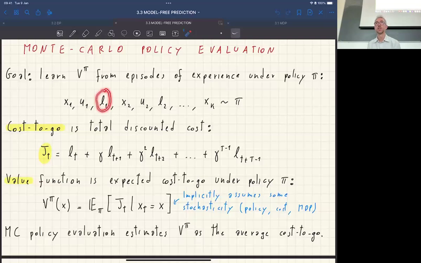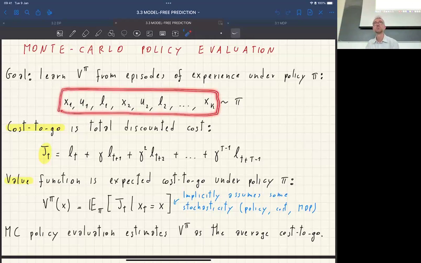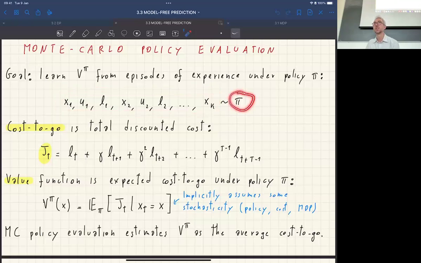And you observe the cost L1. And you move to the next state, x2, and you keep applying the policy, observing states and observing cost until the end of your data collection. So this data collection follows the policy pi. This is what this symbol means.